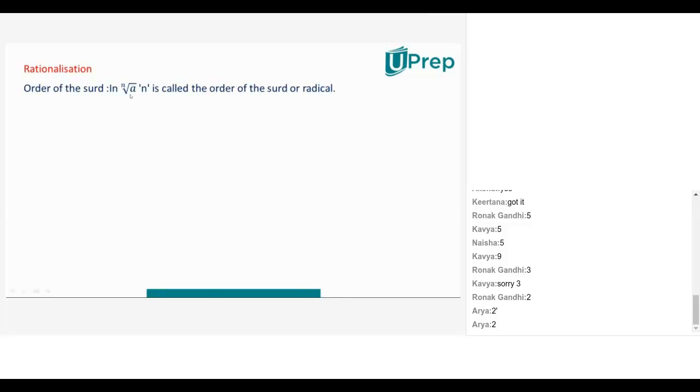Okay, so here there is a very simple concept, order of the surd. In nth root of a, n is called the order of the surd or a radical. We'll get into the difference between a surd and a radical later. For the moment, when we have something of the form nth root of a, we call it a radical also.